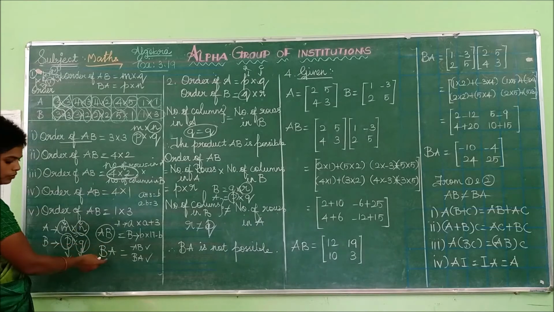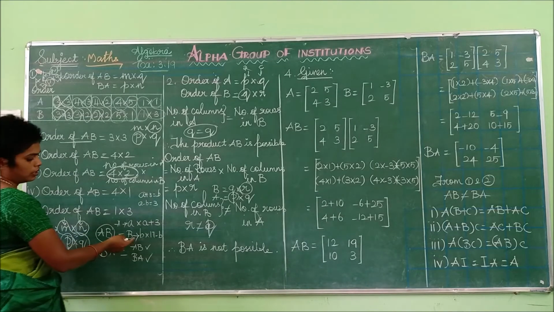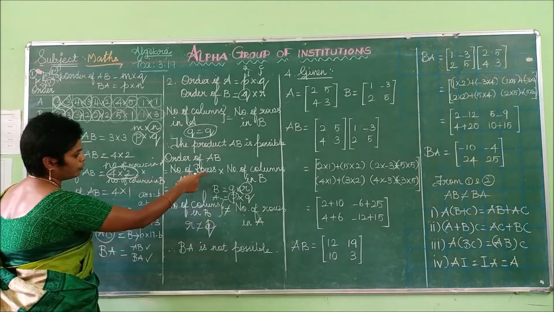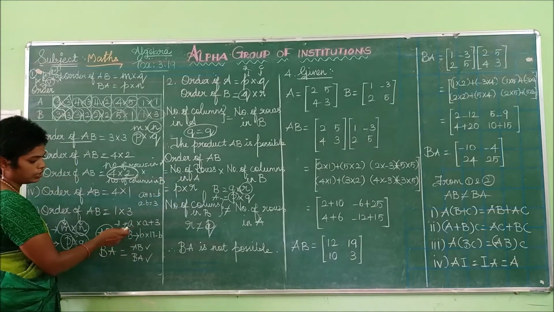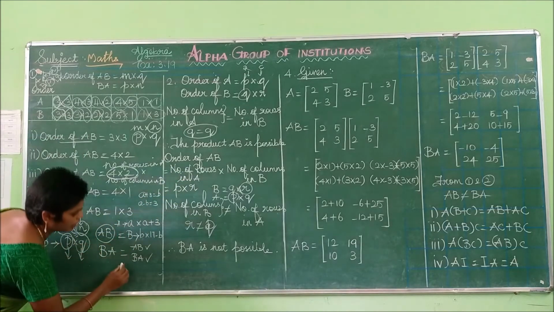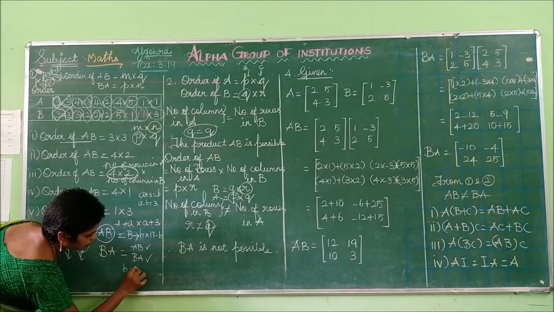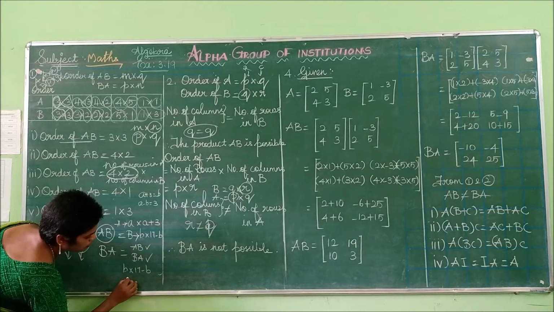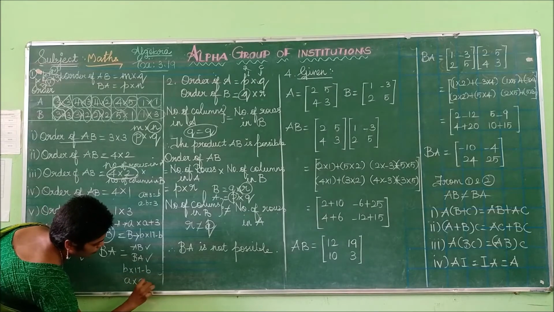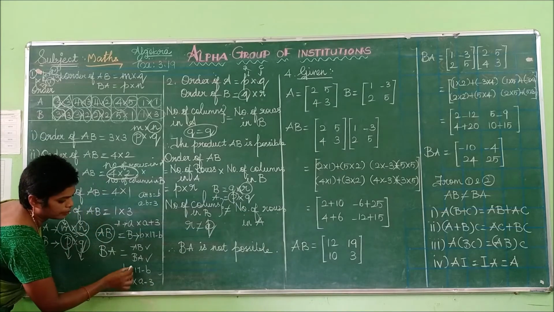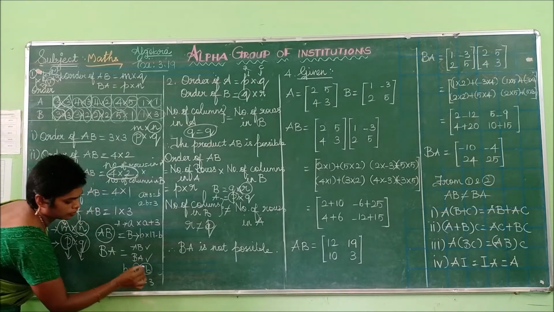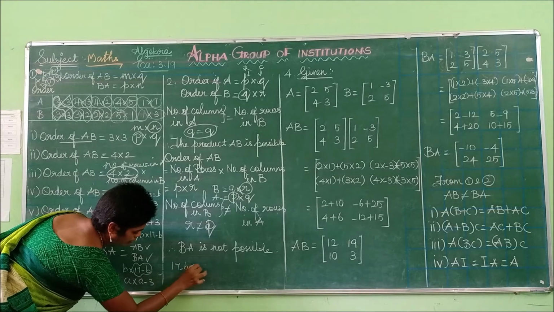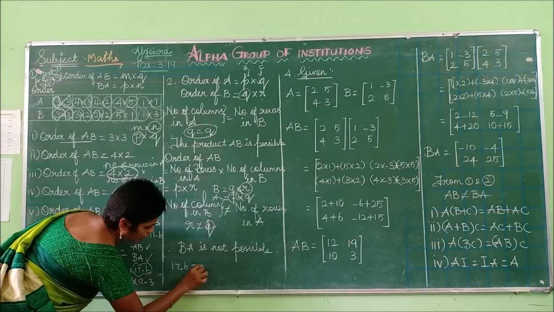Then here for BA, number of rows in A is what? You can rearrange and write. So rearrange and write means number of columns 17 minus b which is equal to a.